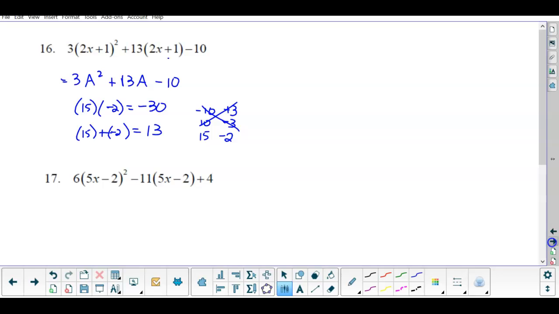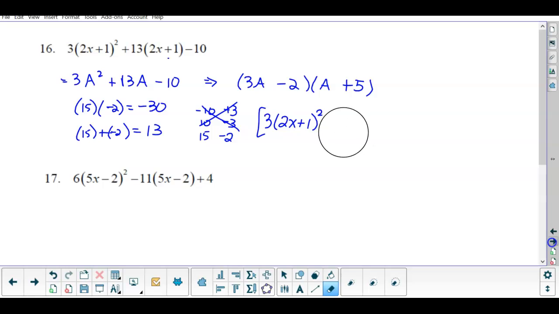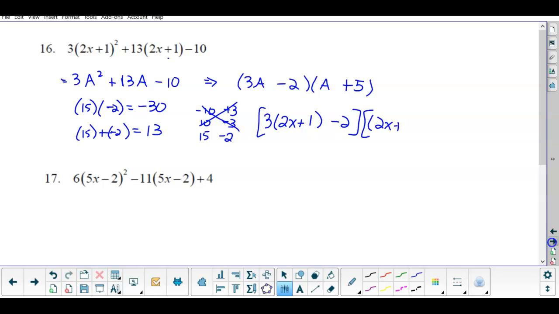Okay, so if I were to factor this, then to get 15, that would have to be plus 5 there, negative 2 there. So with my original brackets, that's my first step of factoring.